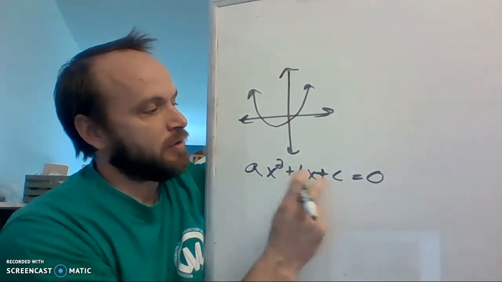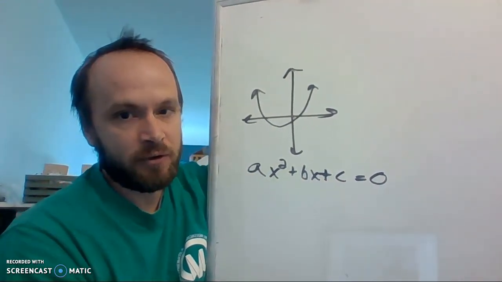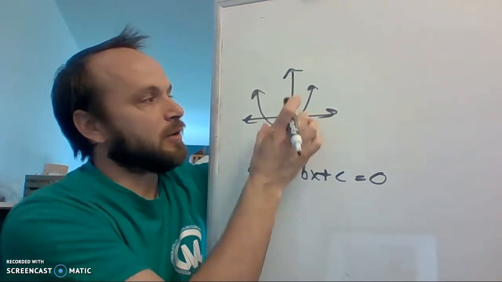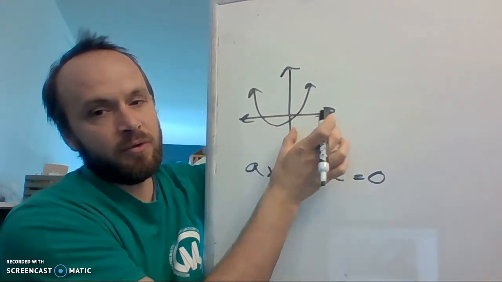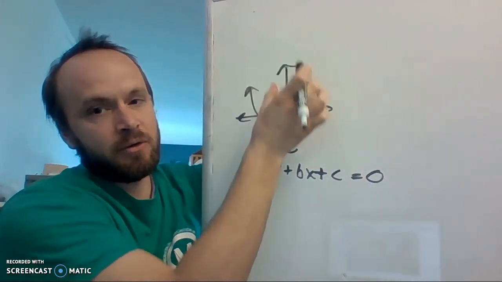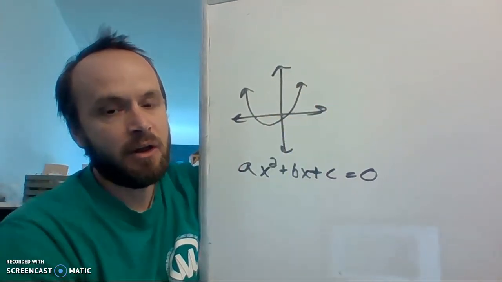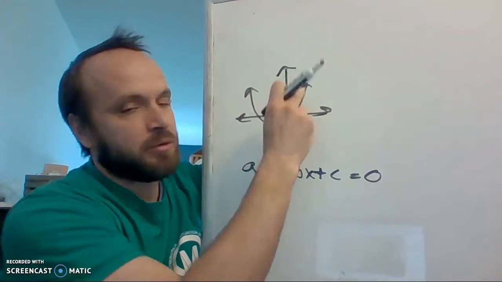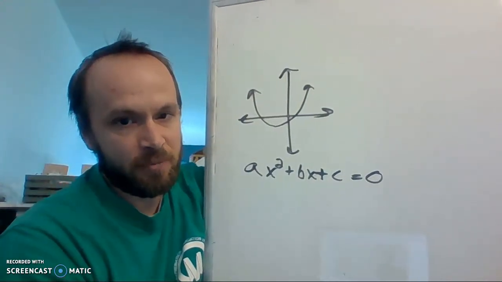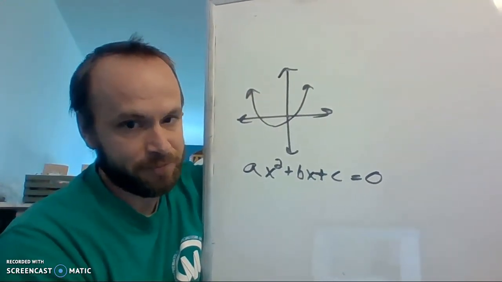The a, b, and c are just numbers, coefficients. Visually, they move this parabola around on the coordinate plane, or sometimes flip it or make it skinnier or wider. But this parabola shape still stays the same. It still stays a parabola.